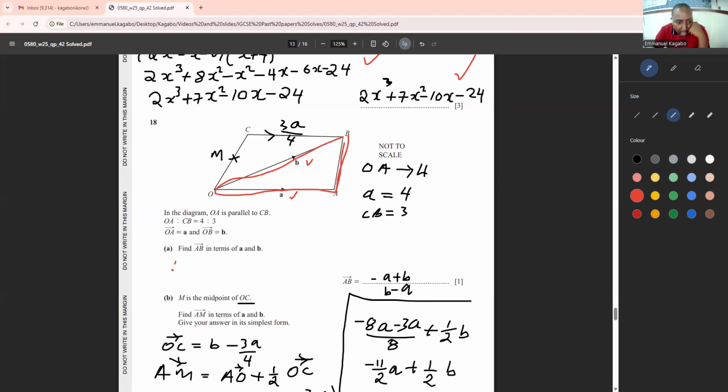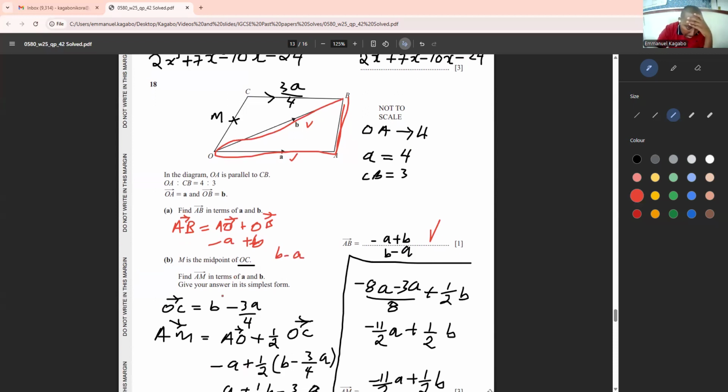So basically AB is equal to AO plus OB. OA, I change the direction, it will be negative A plus B. That's why my answer here is this one, which you can write as B minus A, or A minus B. Both of them are okay, and you have the same answer.